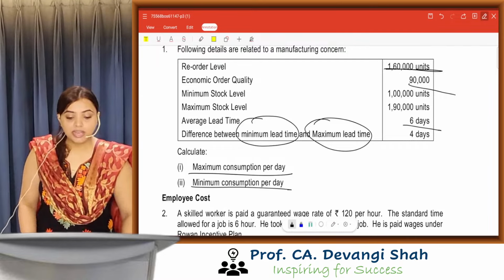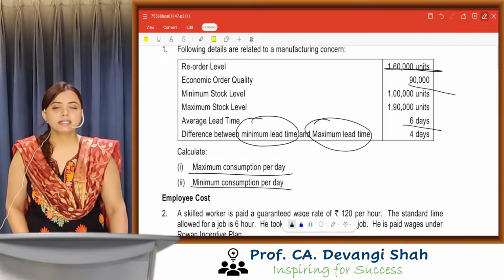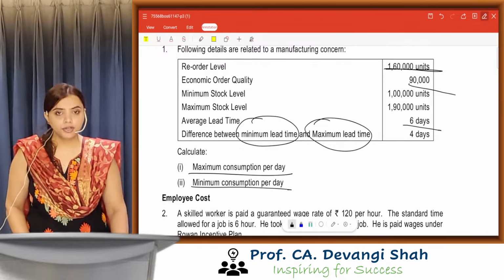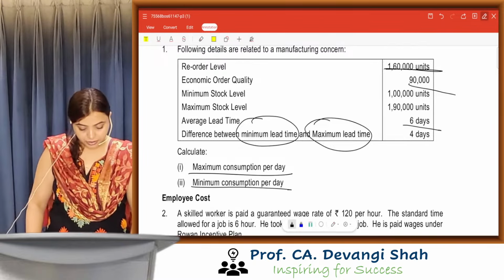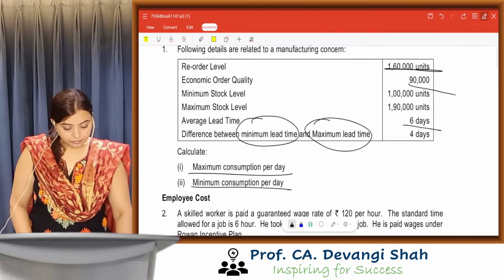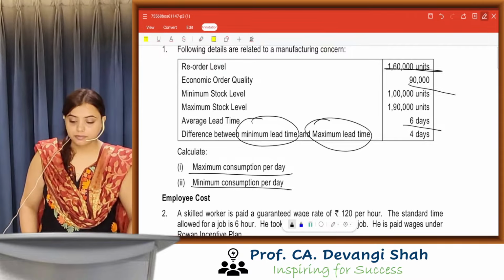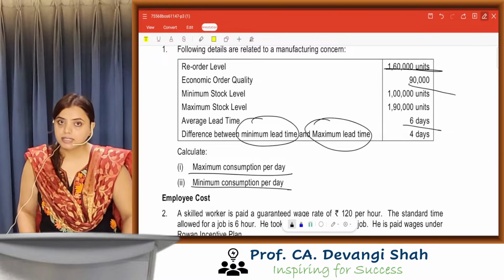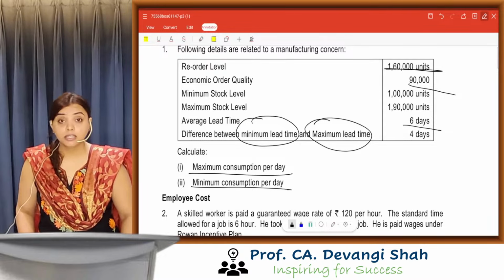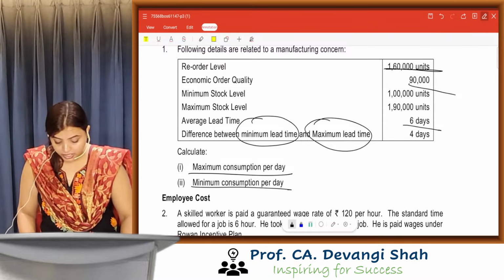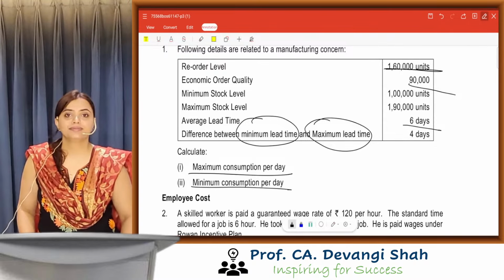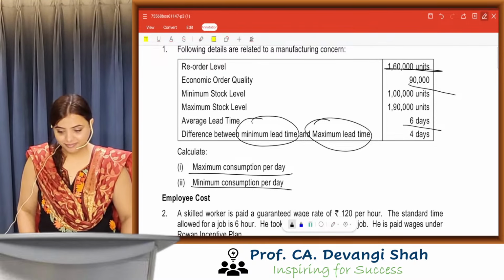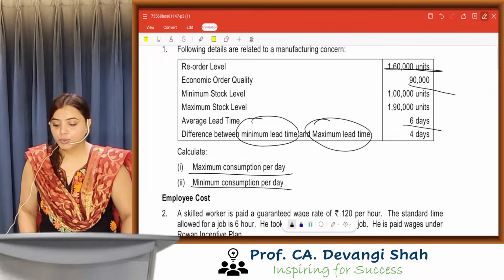Yes friends, do you have any idea? Please type in the comment section. I'm waiting for your answer. They have given us average lead time. They have given us the difference between the two is 4. How are you going to solve this?